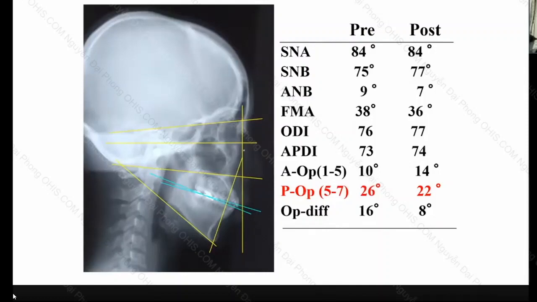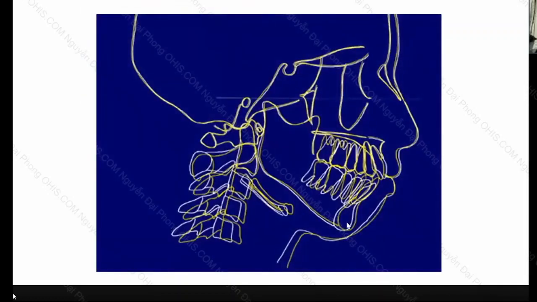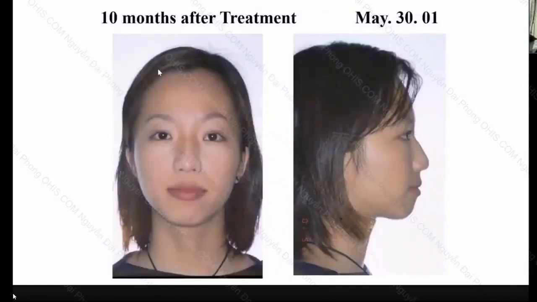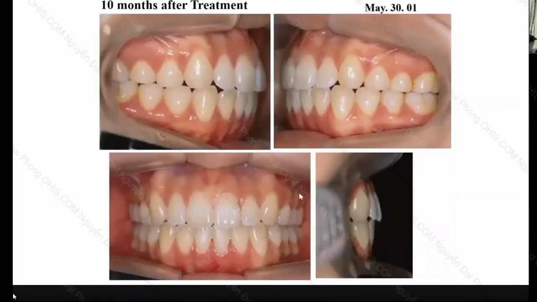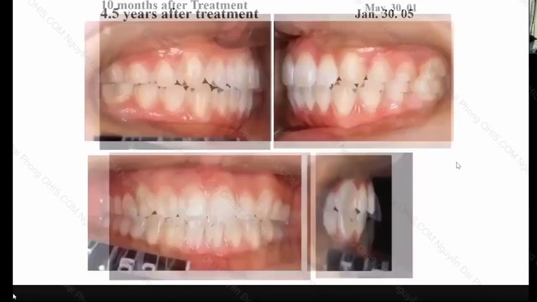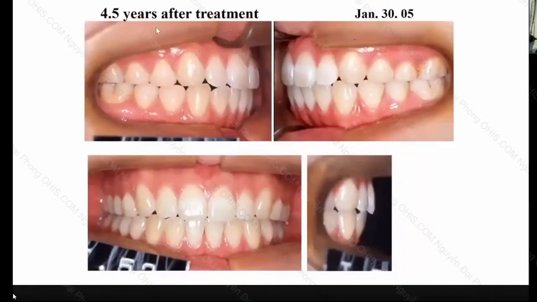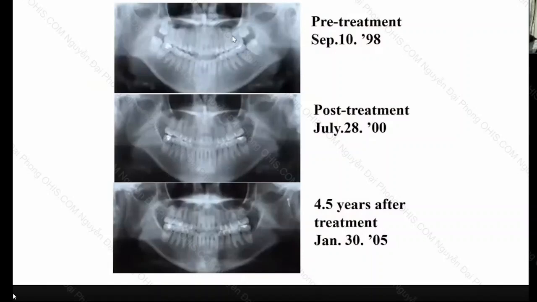In the superimposition, you can also see the mandible is a little closed and adapted to a little forward position. This is 10 months later, bite is okay. And this is 4.5 years after treatment, still bite is okay, and no open anterior bite.